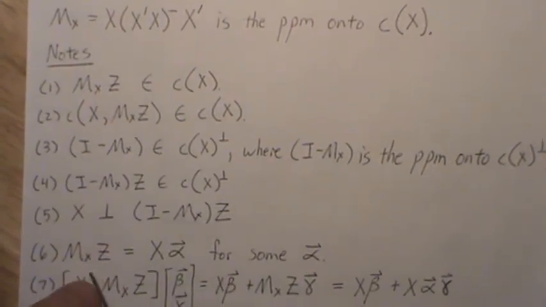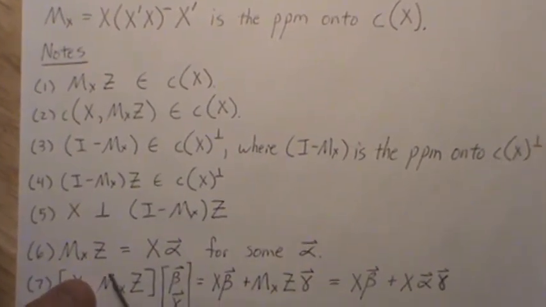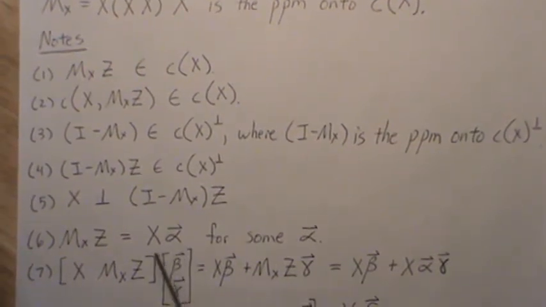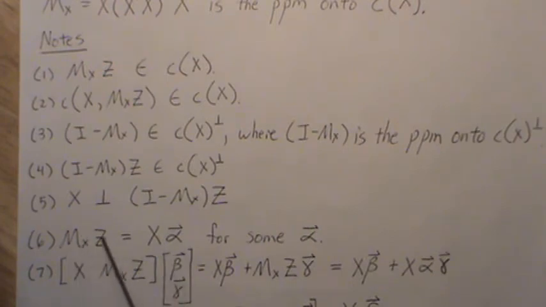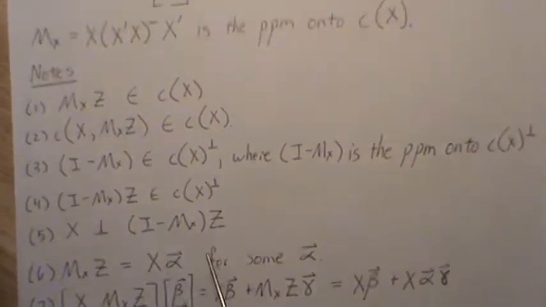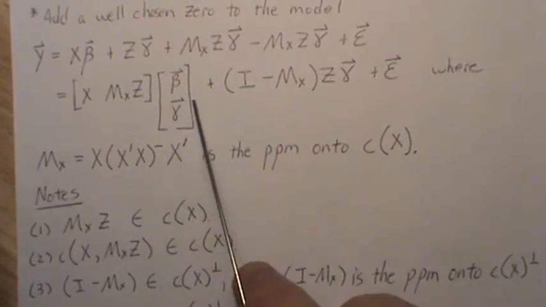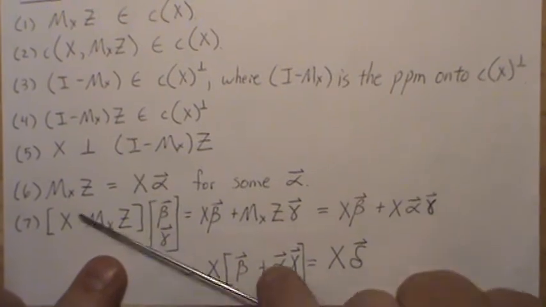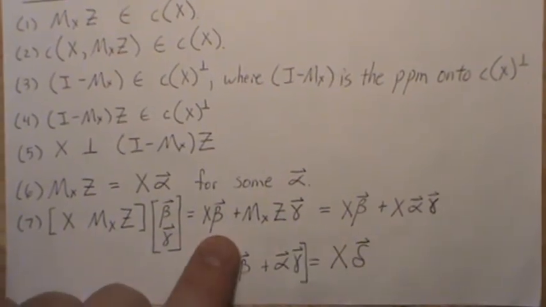So now, we can rewrite this MXZ. If it's in the column space of X, that means we can write it as some linear combination of the columns of X, right? So MXZ can be thought of as X alpha, for some alpha. Looking at this piece here, which we'll bring down, and if we do that matrix multiplication, we get this.